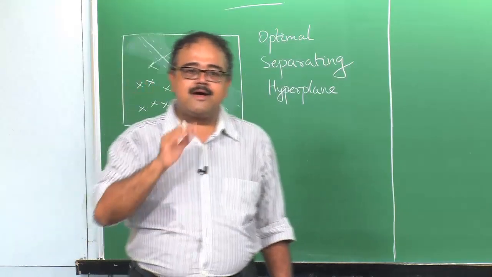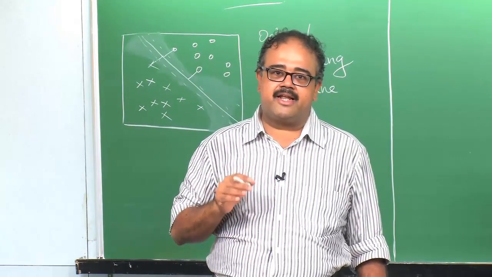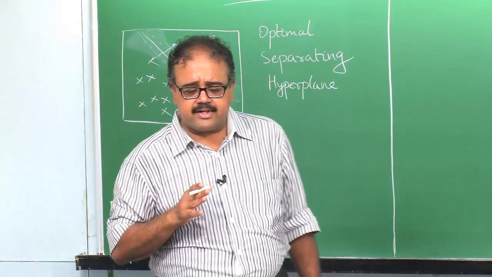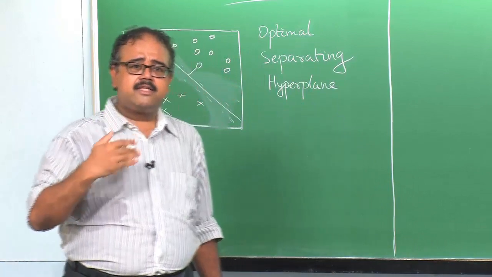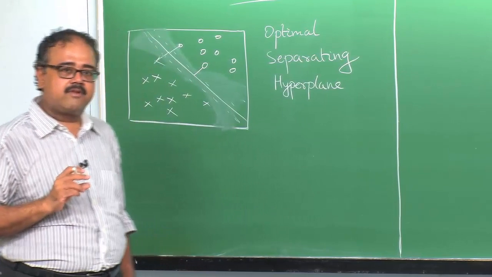When I say that you are maximizing the distance of the closest data point to the separating hyperplane, that essentially means that the closest data point from either class is at the same distance away from the hyperplane.